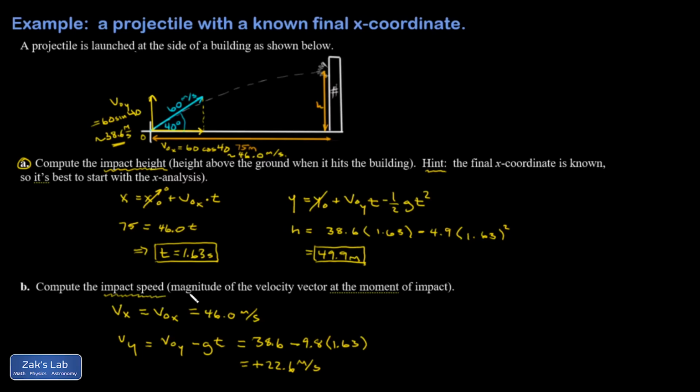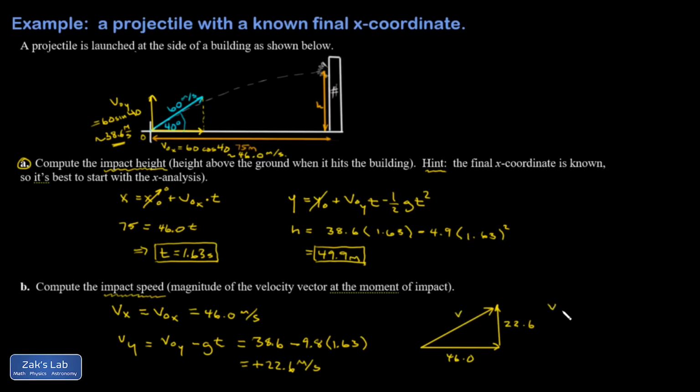In general I could ask you for the impact velocity, and you'd have to include an angle, but this time I just did the speed. So let's look at the x velocity here. That's 46.0. The y velocity, that's 22.6. And those add vectorially. And I get a final velocity vector. I'm going to call its magnitude v.